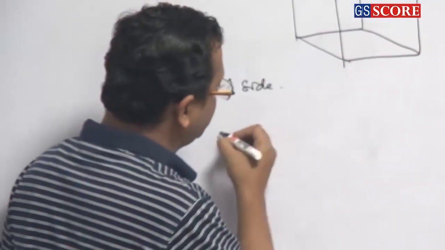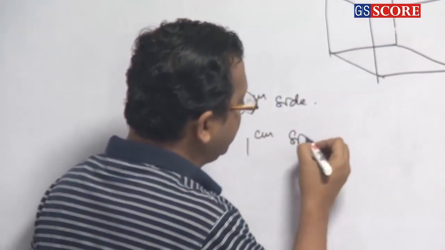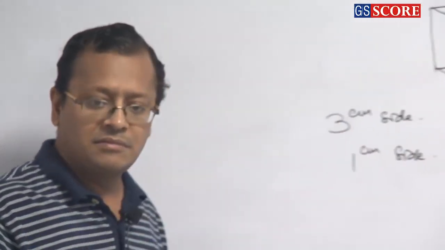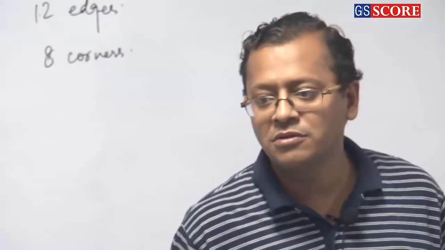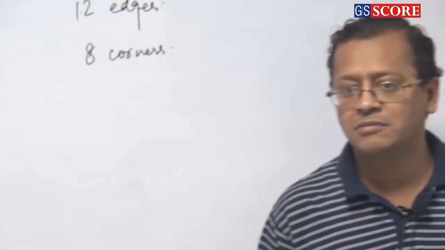Clear? Now then it is cut into cubes of 1 centimeter sides, right? First and foremost, tell me how many cubes are formed. From a 3 centimeter side cube, cubes of 1 centimeter sides are cut. Then tell me how many cubes are formed.